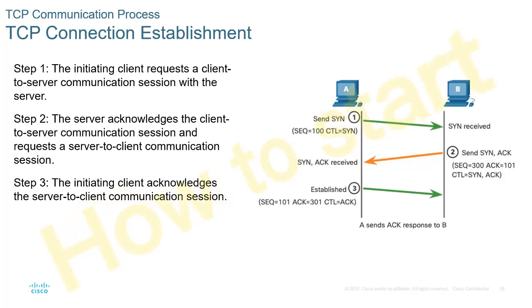The sequence number will be 1 plus the acknowledgement, and then you will have an acknowledgement number, which will be 1 plus the sequence number, and that is sent back to the receiver. That way, the receiver now understands there is an agreed upon session. This is to begin the session.